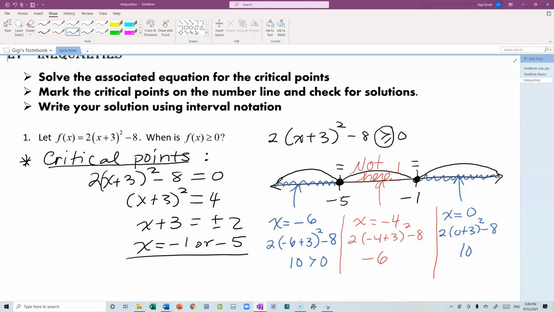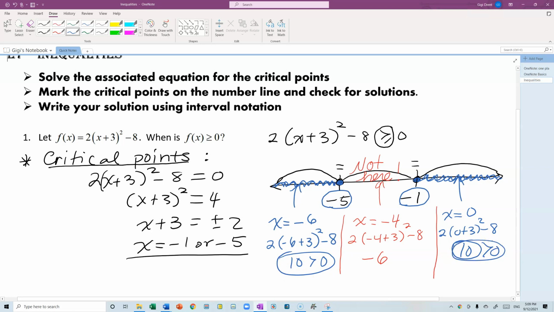So let's recap here. Negative 5 is when the left-hand side is equal to the right-hand side. Negative 1 is when the left-hand side is equal to the right-hand side. And since it said greater than or equal to, yes, we will include these points. Okay, and we have checked and found out that to the left of negative 5 and to the right of negative 1, you will get results that are greater than 0. So that will also work.